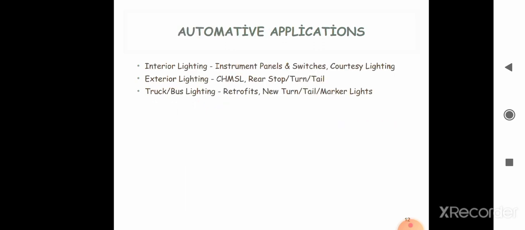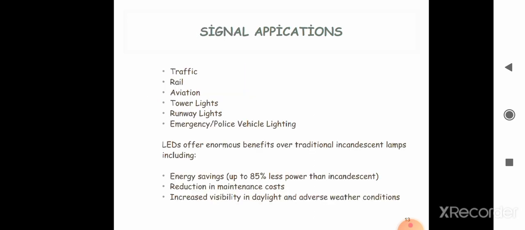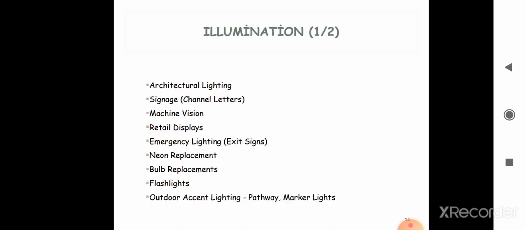Then it is used for interior lighting, exterior lighting, truck and bus lighting. Then signal applications for traffic, rail, aviation, tower lights, runway lights, emergency police vehicle lighting. Then illumination, meaning agriculture lighting, signage.